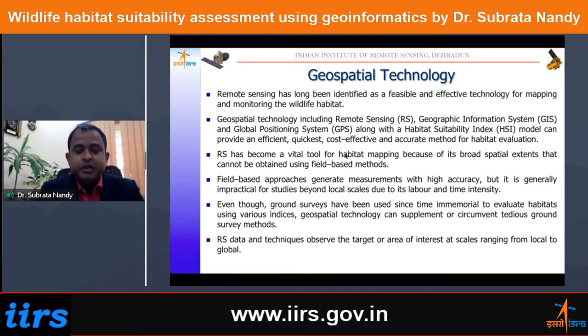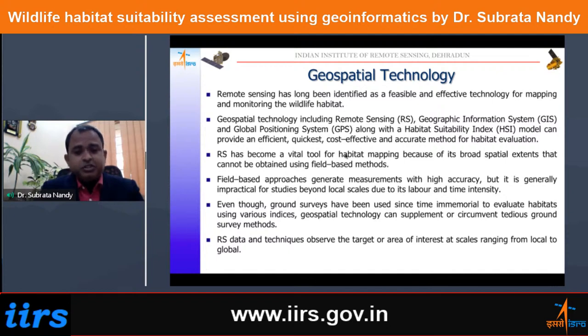This is not the case. Here is an integration of field data and remote sensing data. Based on habitat suitability modeling using a GIS-based model, you assess the habitat suitability of any species.